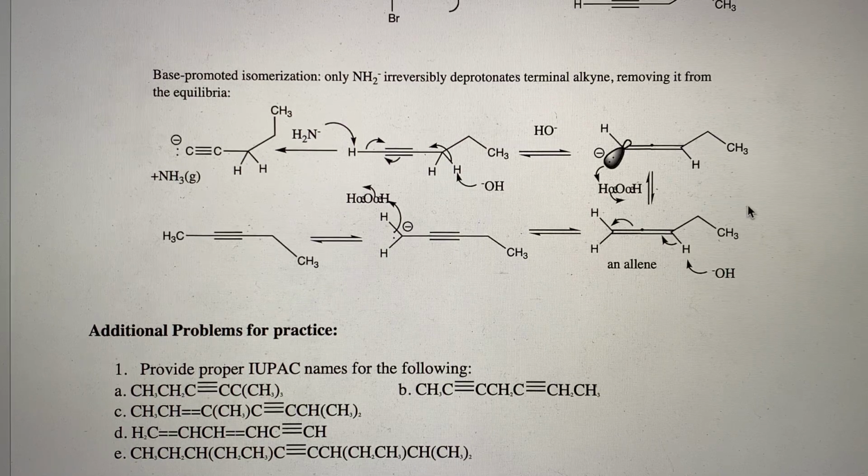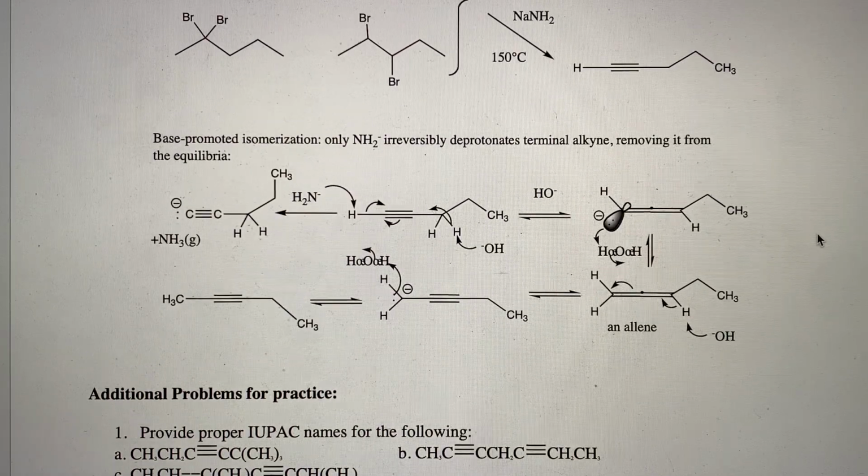Okay, so that's one way. Here's another example for you to see, where you can make an alkyne using a strong base for eliminations here. All right, but these are the main ones.